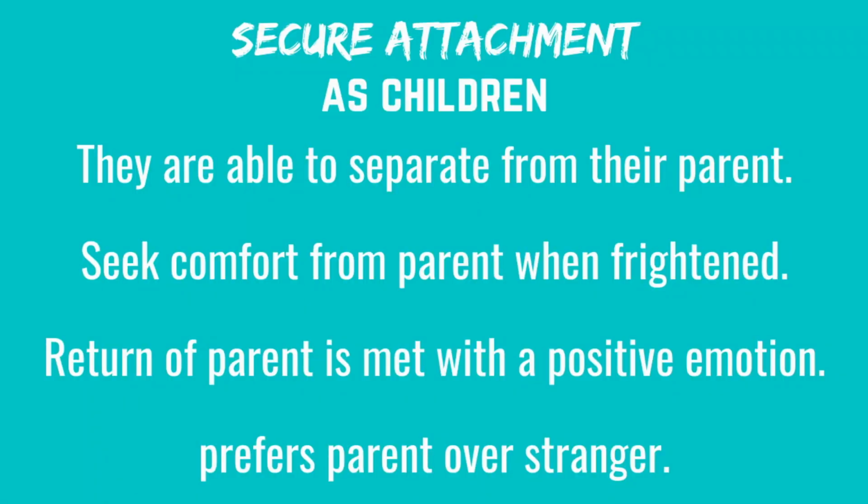And this shows that the child clearly has a preference for the parent over the stranger. So when you see all these signs, it shows that the parent and the child have a secure attachment relationship, or a secure attachment style. Okay, and this is the best attachment style, like I've already mentioned.